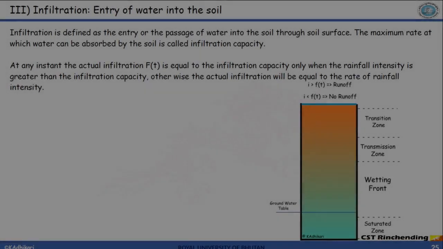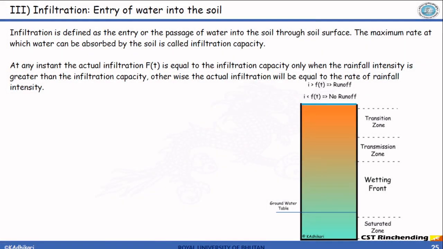I hope now you can visualize how infiltration affects surface runoff. In this lecture, we shall model the infiltration mathematically to predict the surface runoff generation quantitatively. The illustration on the right shows a soil column and various zones indicating the distribution of soil moisture within the soil profile during the infiltration process.